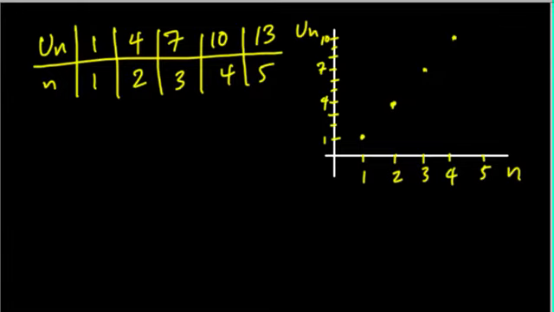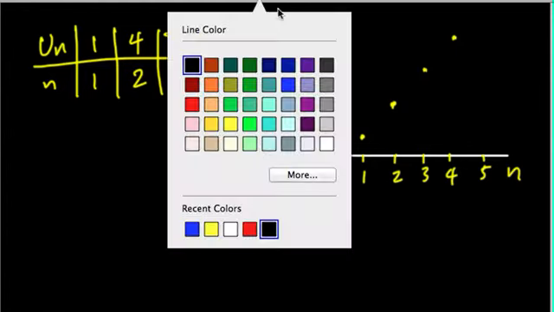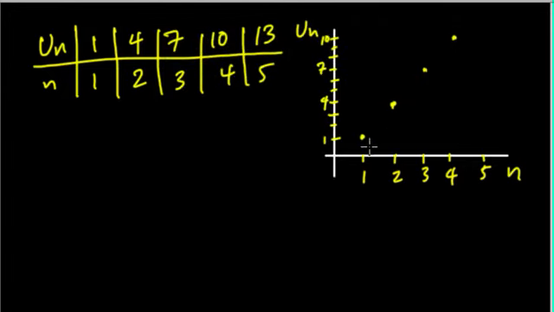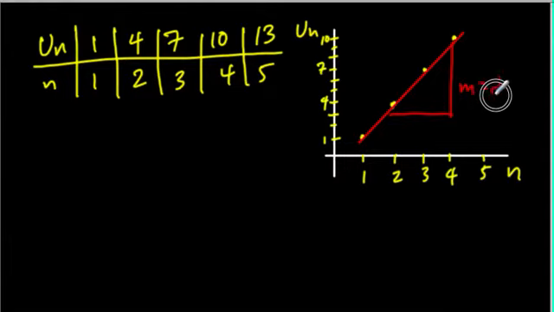If you observe, it forms a linear path. What's really helpful from this linear path is that the slope of this path, which we usually call m, is actually the common difference d.